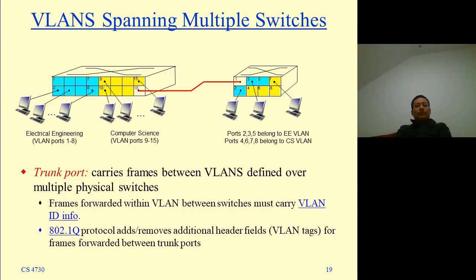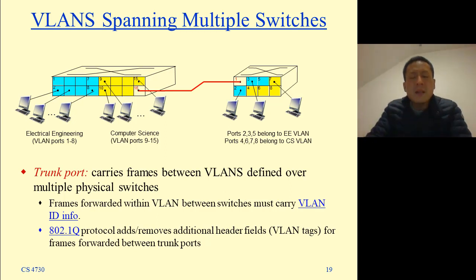Okay, so to make this happen, the condition is that you must carry some additional VLAN ID information to make sure the frames going through these links can be grouped to the right port, right? To the right group.